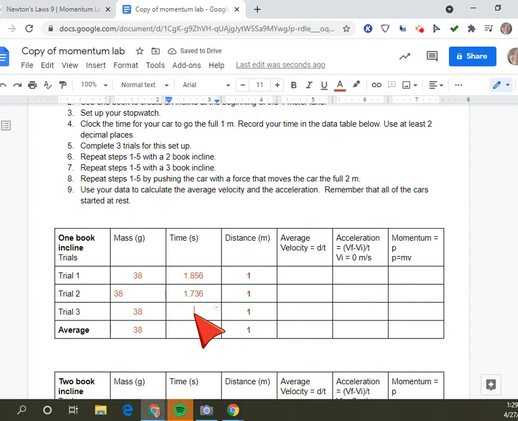Why do we need to have 3 trials? Okay, so we have increased accuracy. Where could we be losing accuracy? We don't have to be nice about it. I'm not going to click the button exactly the same amount of time every time, right?